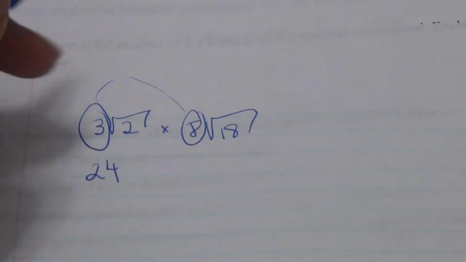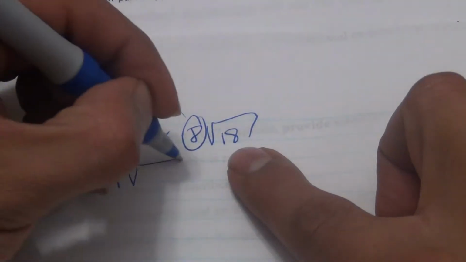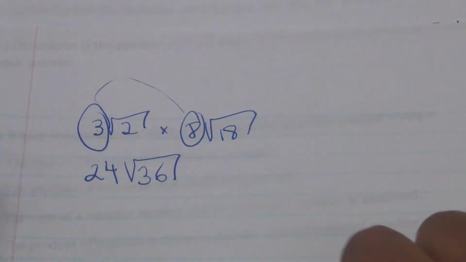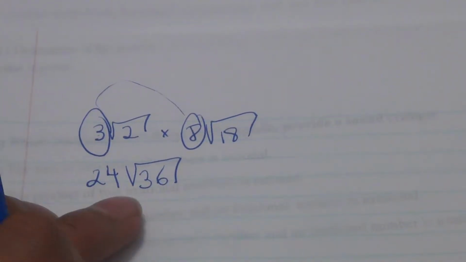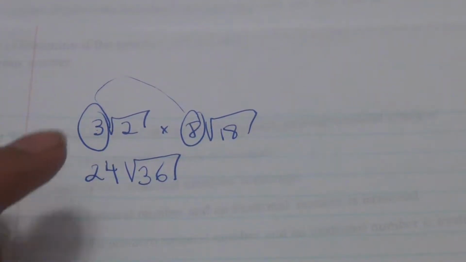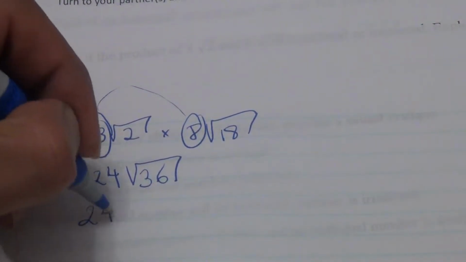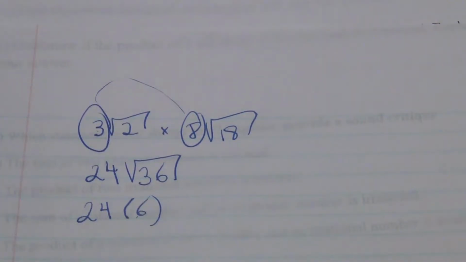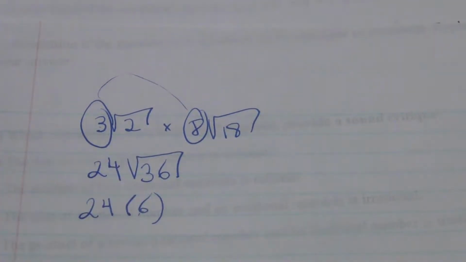That's 24. And you multiply the radicands, which is the insides. So I have 24 radical 36, which is also read as 24 times the square root of 36. Well, this is nothing more than 24 times 6 because the square root of 36 is 6.